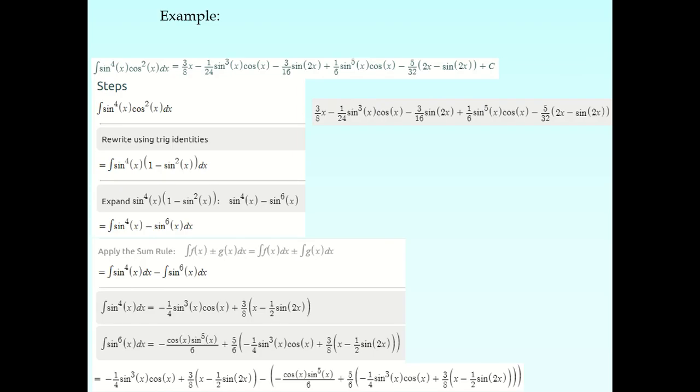So we are given this integral of sine to the fourth x times cosine squared x dx. In our discussion about the reduction formula for integration, we know how to solve this, right?